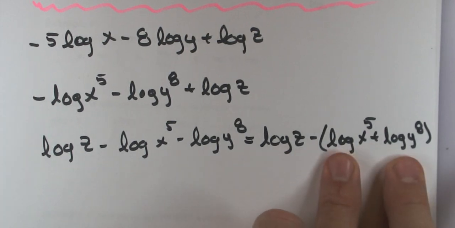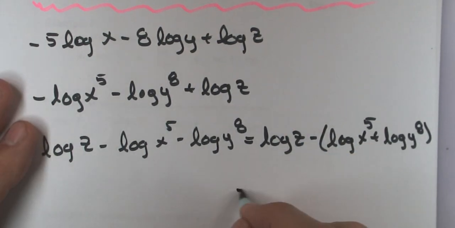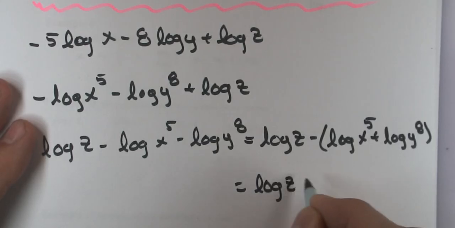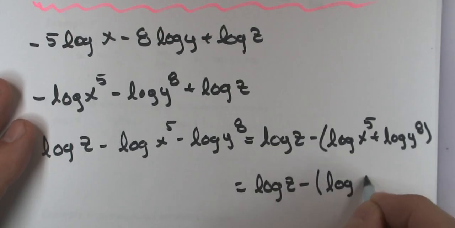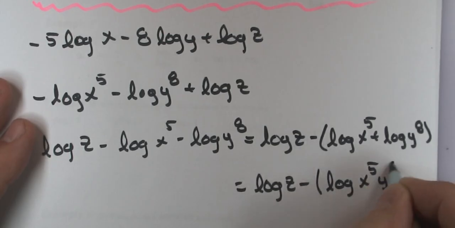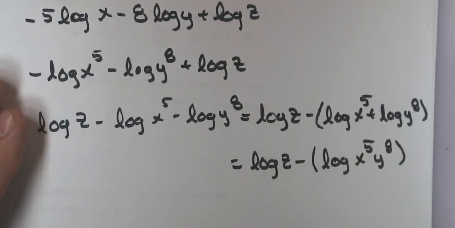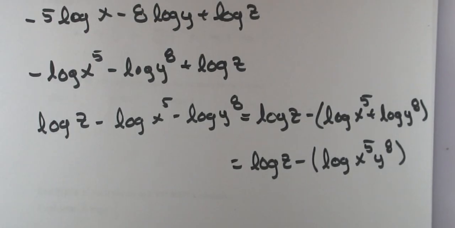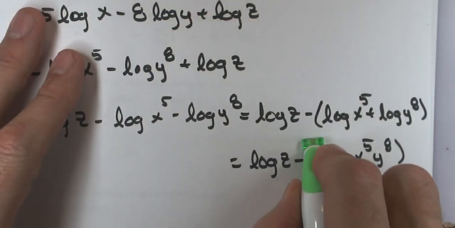This now is the sum of logarithmic terms. So it's log of z minus log of x to the 5th, y to the 8th, like that. I didn't really need the parentheses there. That's fine. Let's get rid of them.